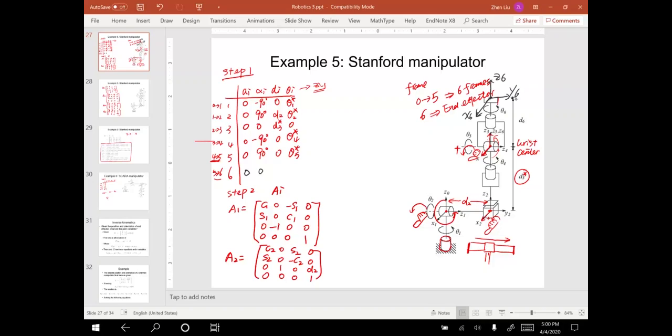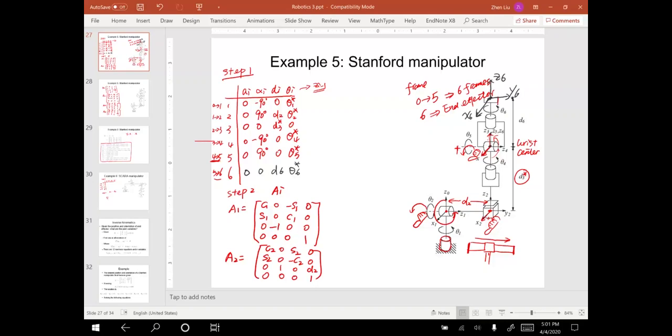And d_i means from O5 to the intersection of Z5 and X6, which is here, so this distance is d6. And the rotation, because these 2 are parallel, but the joint that determines frame 6 is a rotation, so we have the theta 6 star right here.